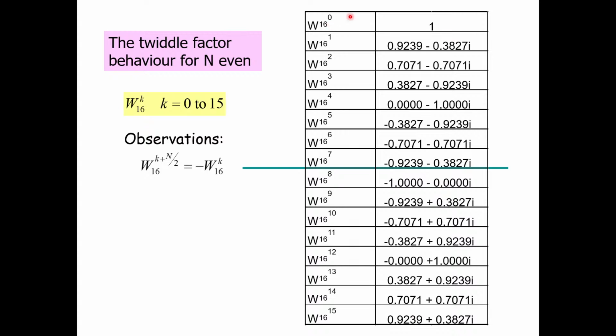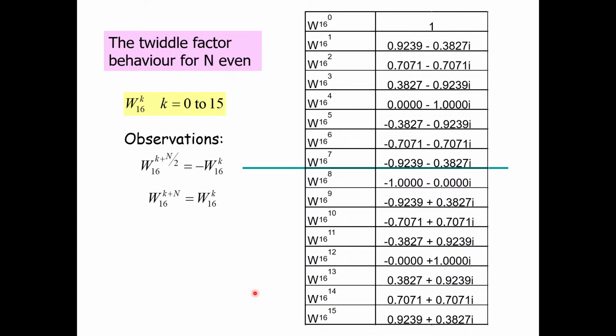So W16 of 0, which was positive 1, just becomes negative 1. And then W16 of 1, which was 0.9239 minus this imaginary value, if we multiply by minus 1, we get minus 0.9239 here. And then the imaginary value just transforms to a positive value.